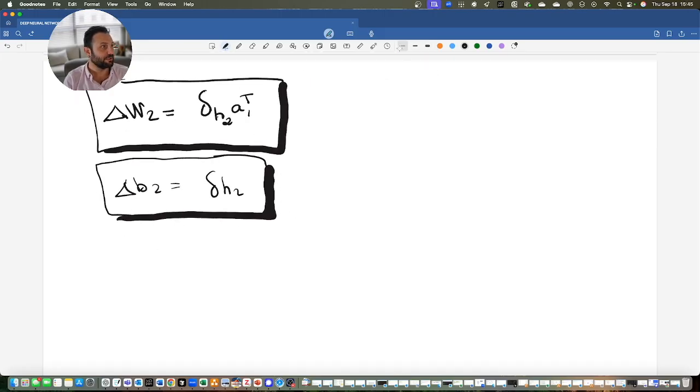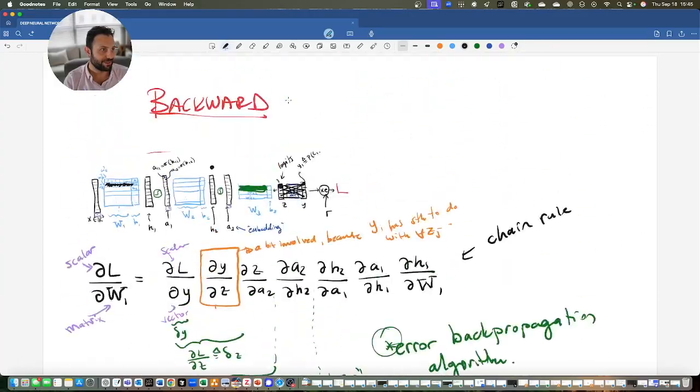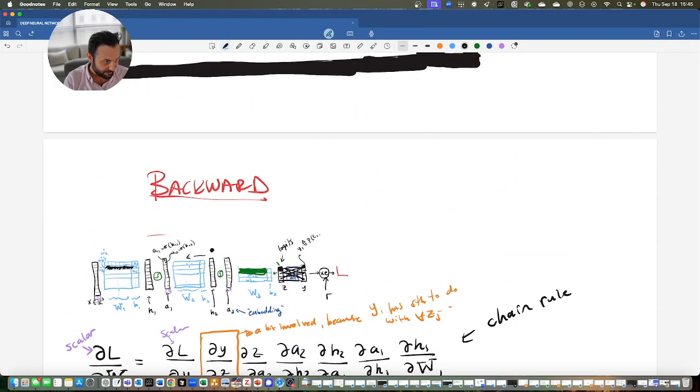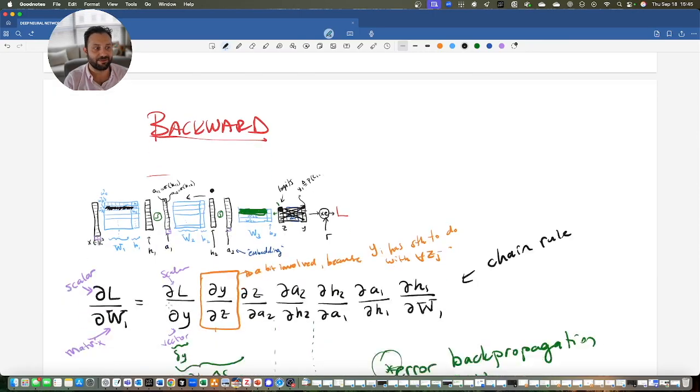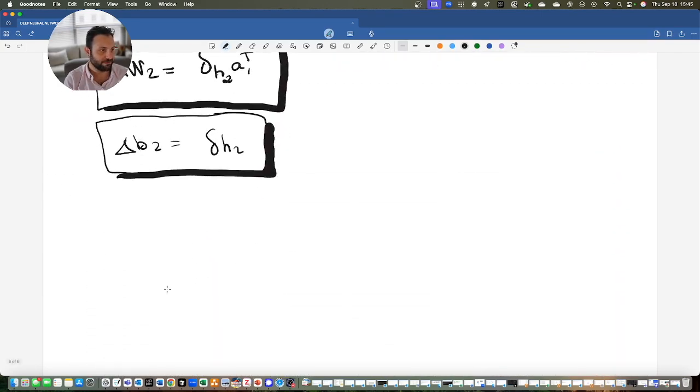And similarly, now I backpropagated to here, and I'm interested in delta A1, right? If I were to calculate delta A1, which is the error that's going to backpropagate to it, I know the error that came to the output of it, which was delta H2, and I know A1 and H2 are related through this W2 matrix, so I have to multiply with the W2 transpose.